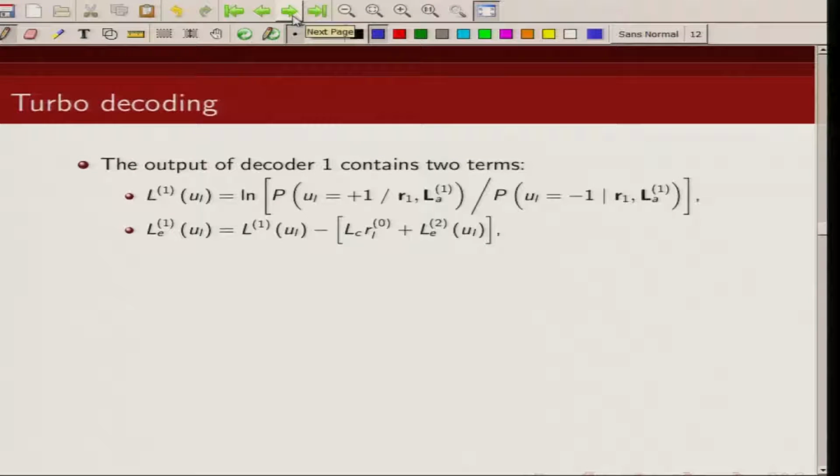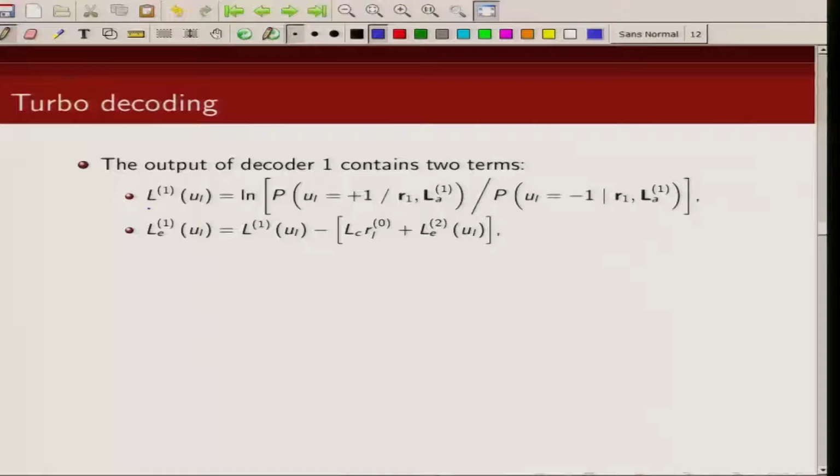So, as I said, there are 3 inputs to this decoder, this channel received value corresponding to information sequence and parity bit, and a priori value, and there are 2 outputs. One is this APP L value that we have computed, and the second is extrinsic value. And how are we computing extrinsic value?